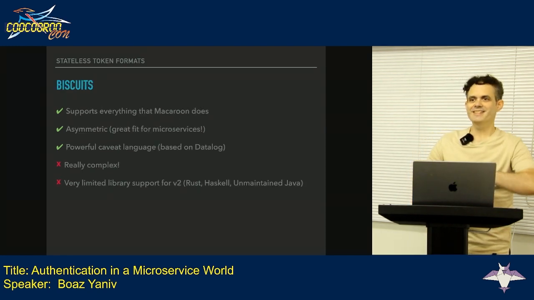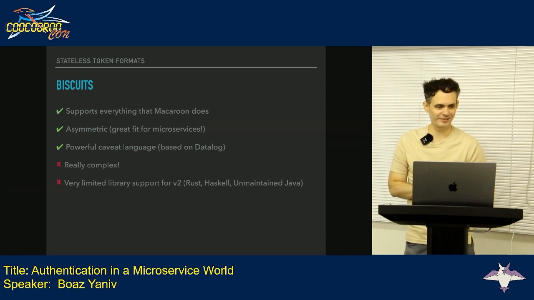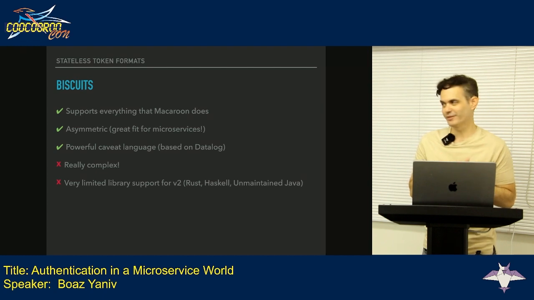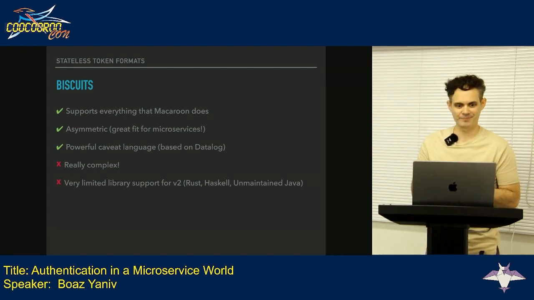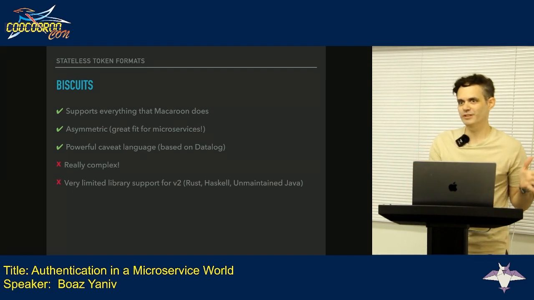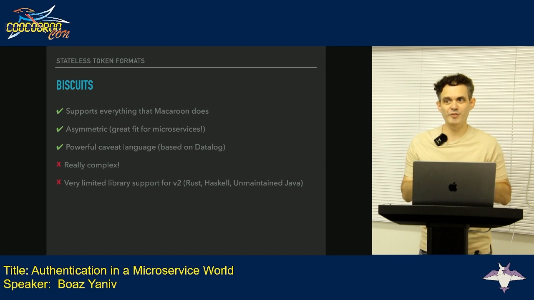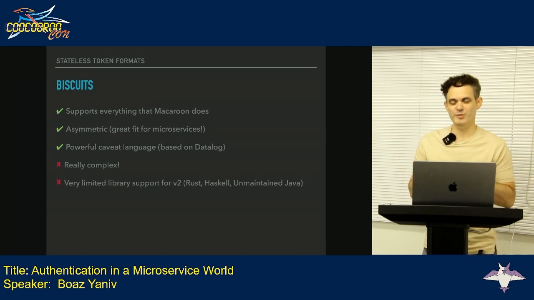And there you see even crazier and more advanced things. So you have biscuits. This is a very ambitious project. First of all, they are asymmetric. So that solves one of the issues we've seen with macaroons. And the second thing, they do have a full specification for a caveat language.